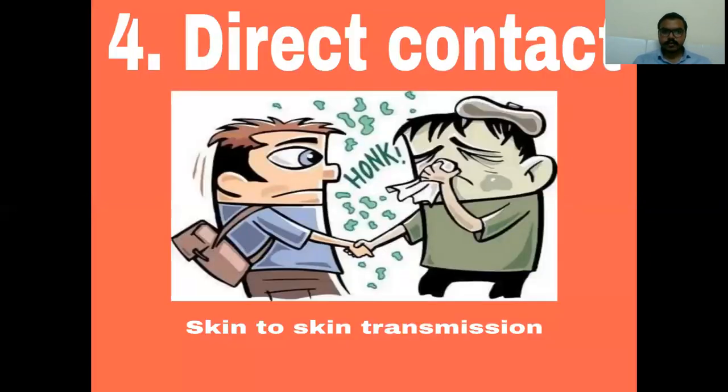Next is direct contact. Some germs do not require any environment at all, but pass immediately from the patient to a healthy person by direct contact, from skin to skin. Examples are leprosy, chickenpox, measles, scabies, skin and eye infections, and the best example is coronavirus.